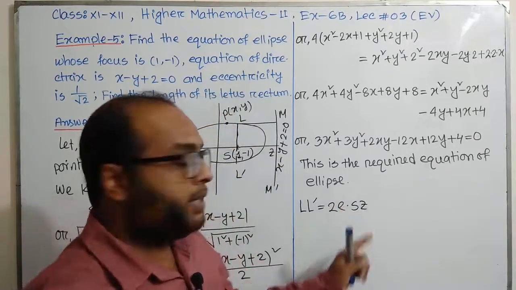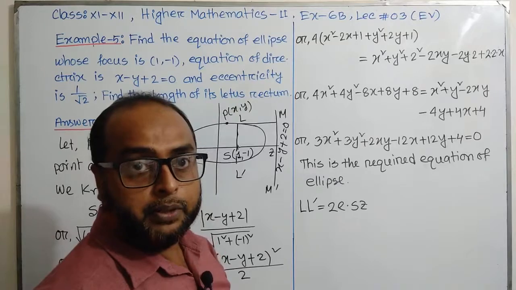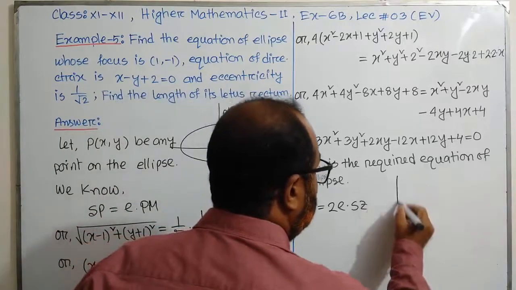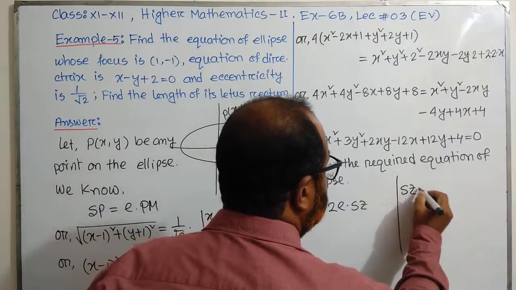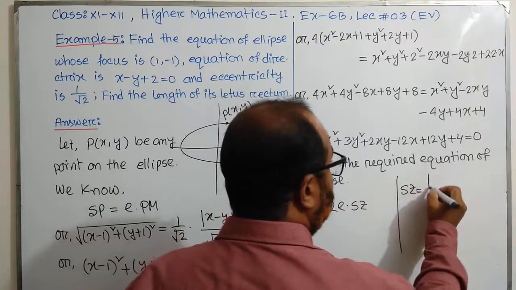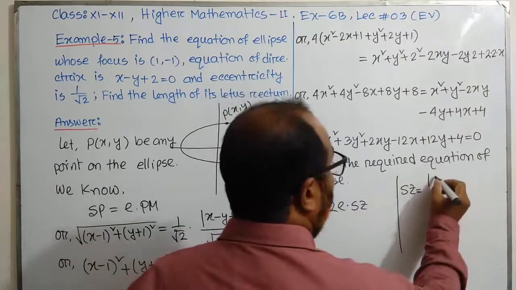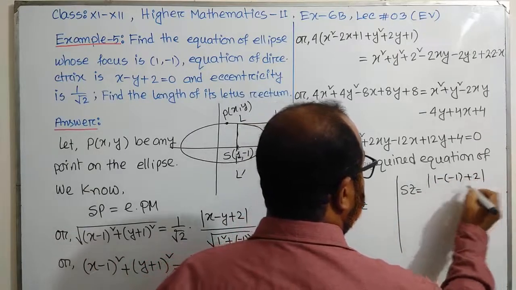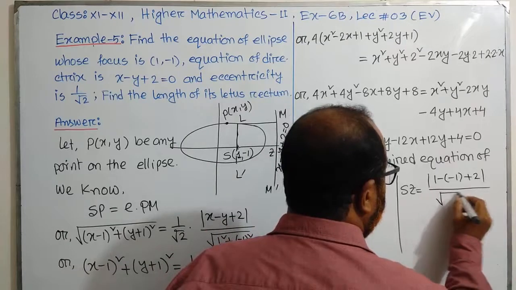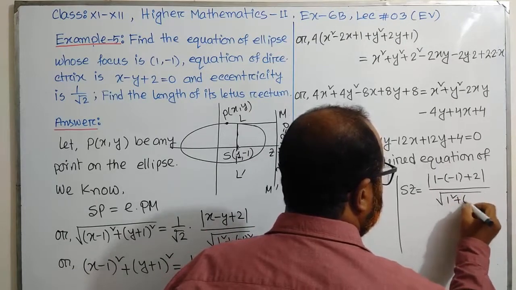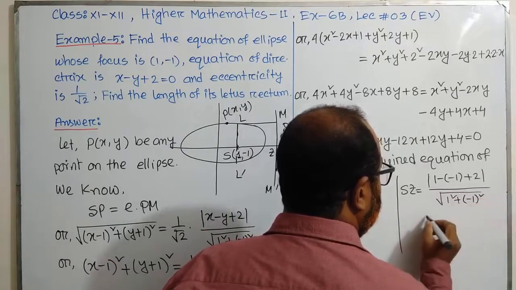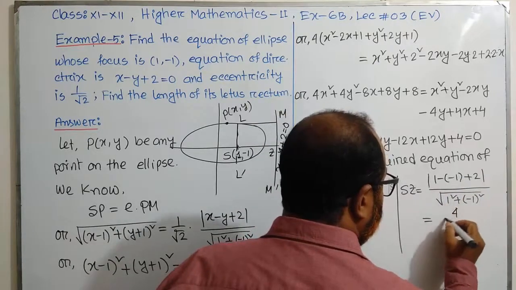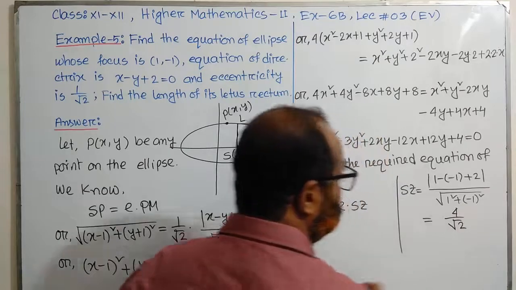Here SZ is the perpendicular distance from S to directrix. Here SZ, this equal modulus of (1 - 1 + 2) divided by square root of 1 square plus (-1) square. This equal 4 divided by root over 2.